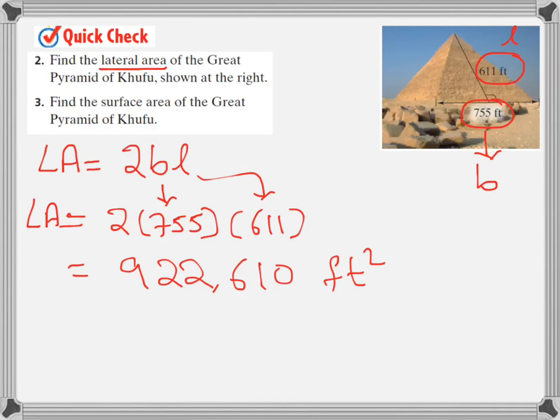And then find the surface area of the pyramid. What is the formula to find the surface area of a square pyramid? It is LA plus 2B.